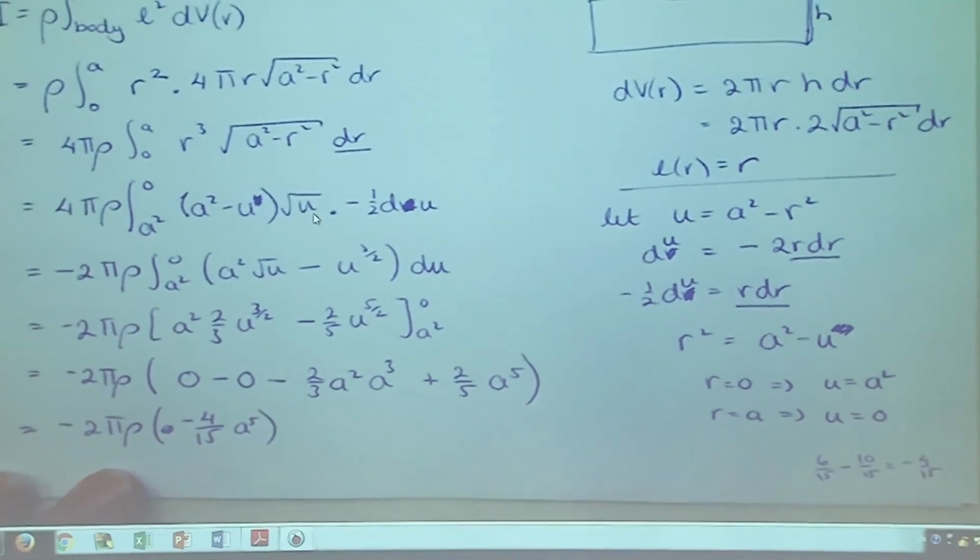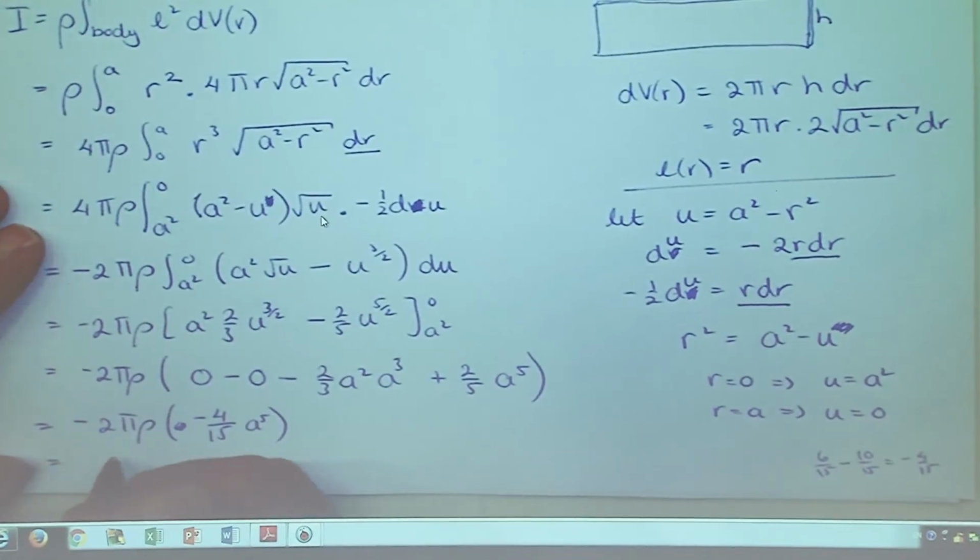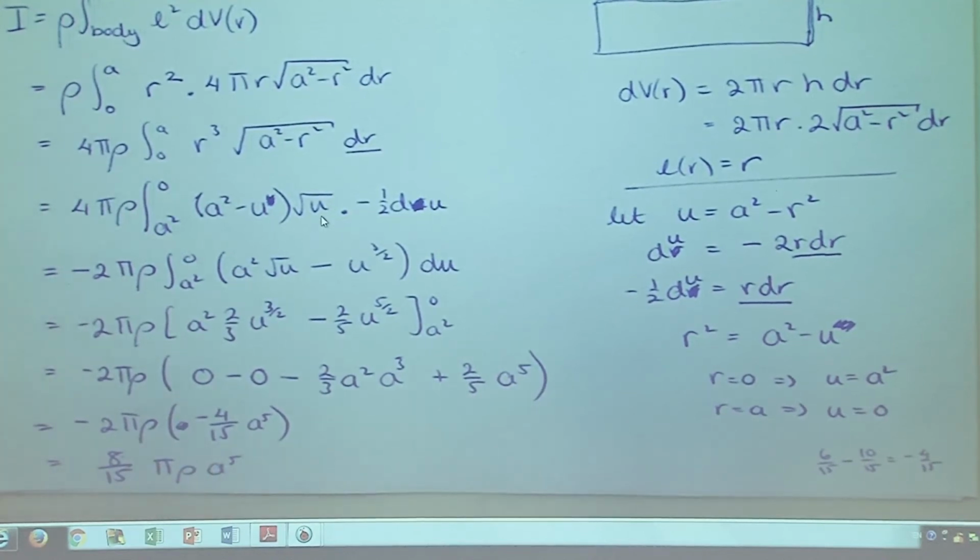A to the 5. Okay, almost there. Look how late we are, 10 minutes late.